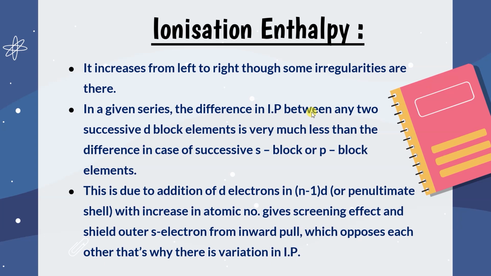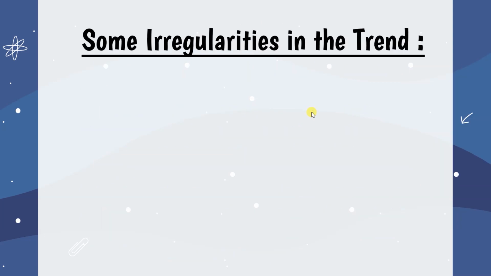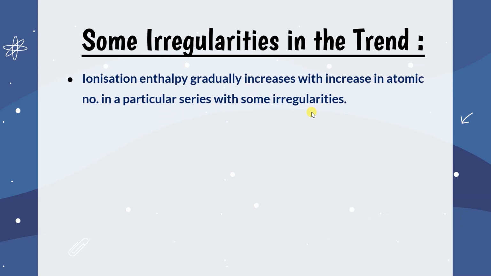That means as more electrons are added, the screening effect keeps increasing, and it shields the outer s electron from the inward pull, preventing it. These oppose each other, and that's why there is variation in ionization potential. The outermost electron wants to come inside, and the screening effect pushes it outside. So that's why there will be some variation in the IP, so some irregularities in the trend.